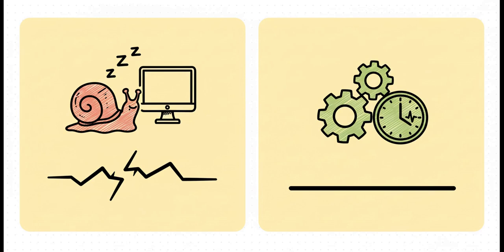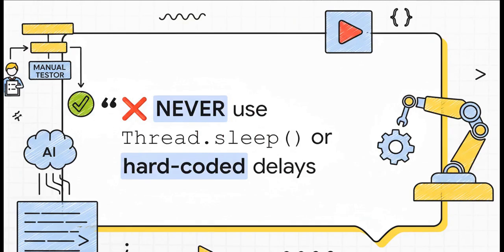It makes tests slow, brittle, and just plain unreliable. The prompt strictly forbids this. It demands the use of modern, dynamic waiting strategies that are way more robust and efficient. In fact, the source material makes this a critical, non-negotiable rule. This one instruction alone elevates the quality of the generated code immensely. It's all about preventing those flaky tests before they're even written.